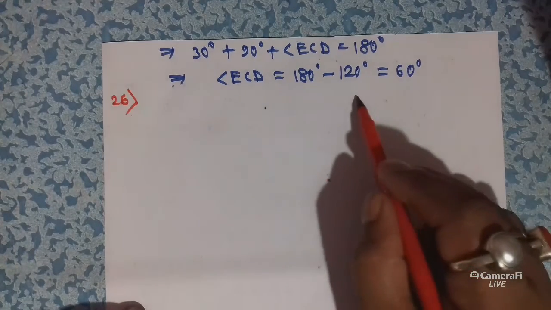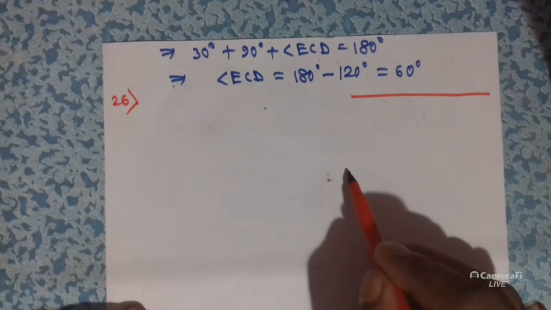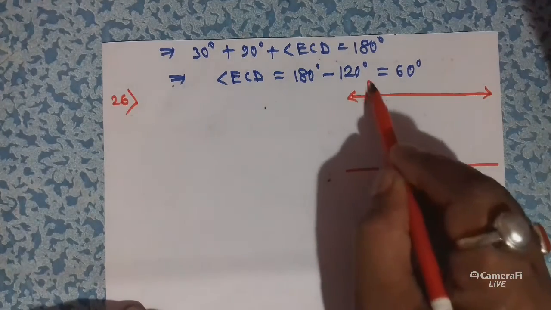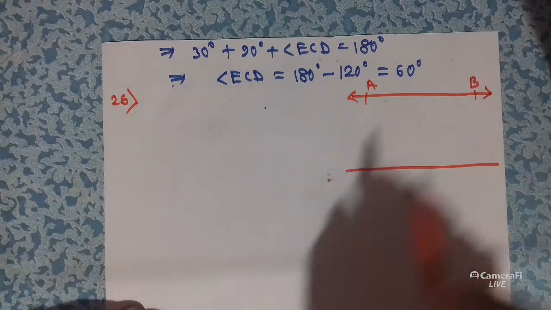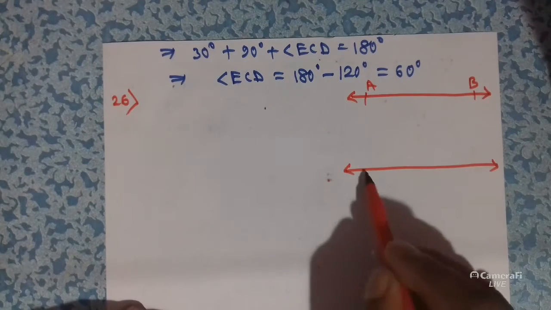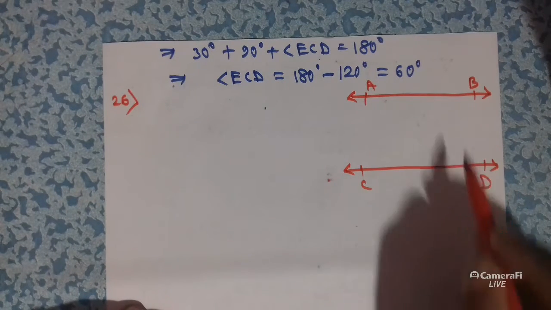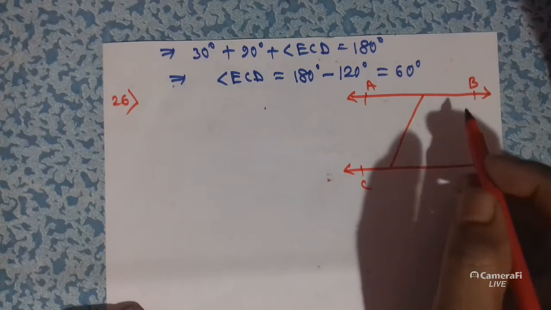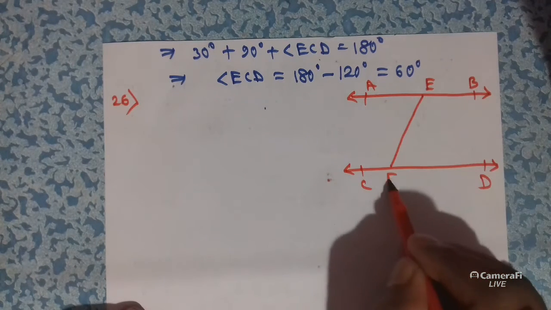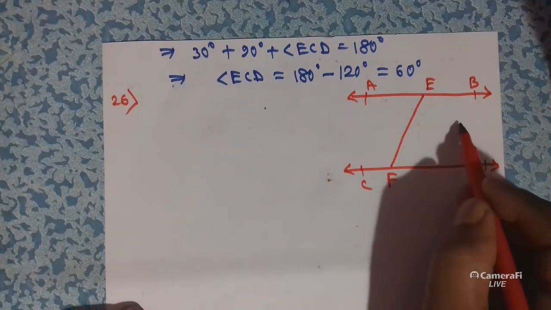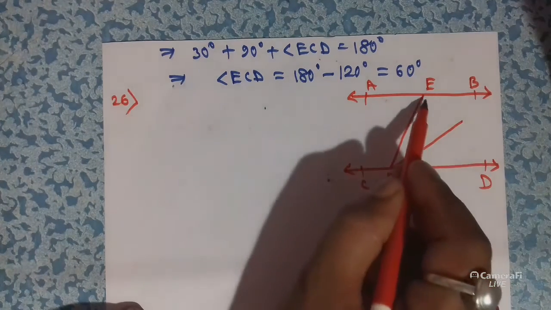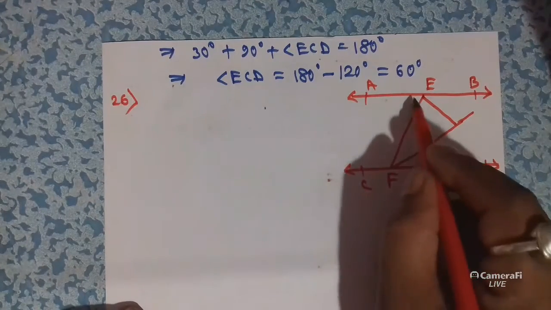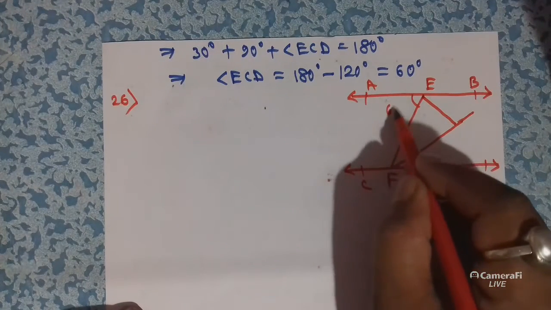So the figure is given that these two lines are parallel. This one is AB and this one is CD. These two lines are parallel and this one is transversal, which is EF. EF is transversal, and here it is 65 degree.